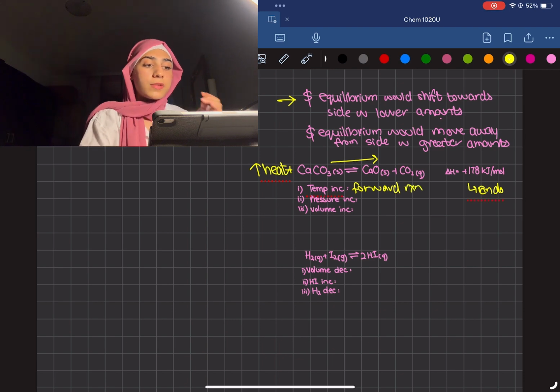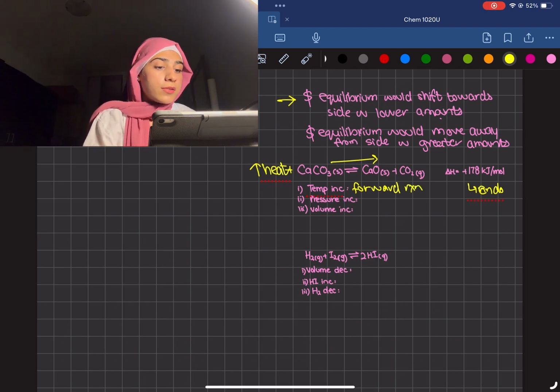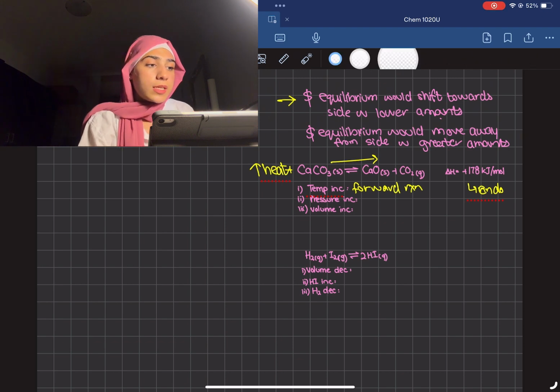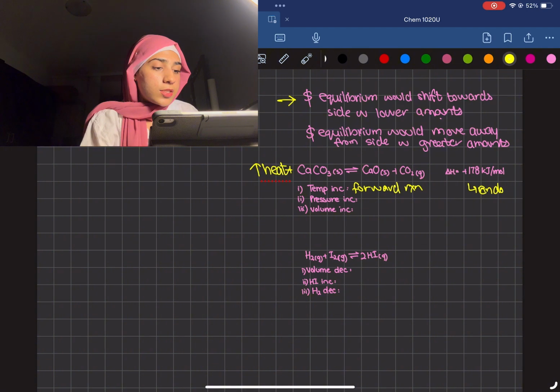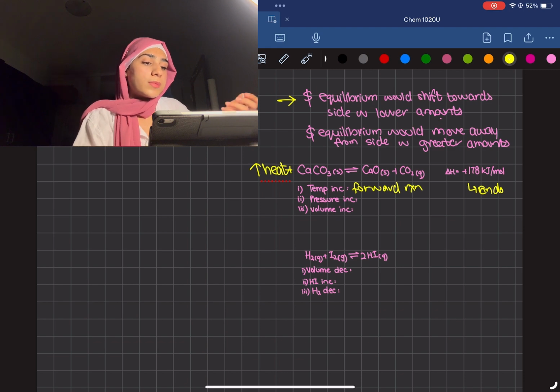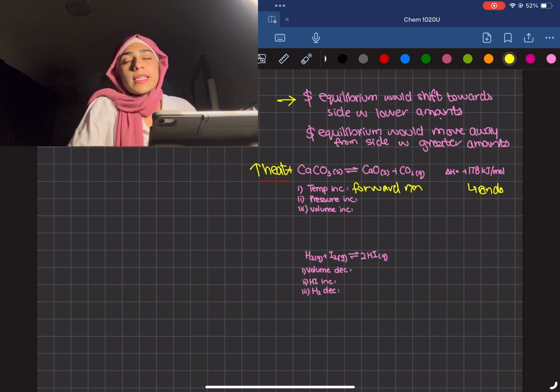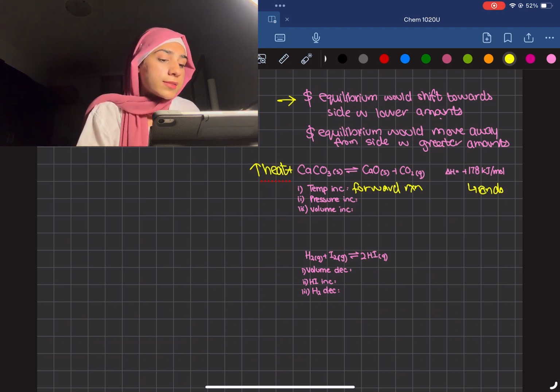Reaction that is favored. Now if I look at pressure being increased, here I'll notice that carbon dioxide is the only gas I have, so that is the only gas we can deal with. Only gases have pressure, so we're basically talking about carbon dioxide over here.